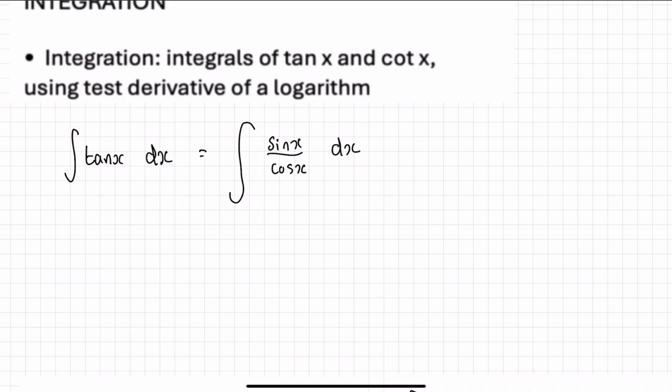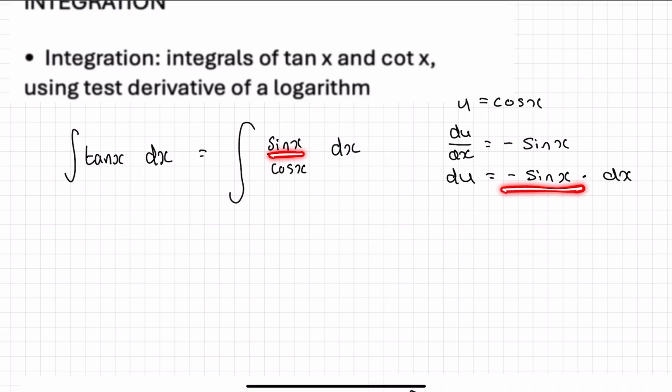So now I'm going to let u equal cos x. du over dx equals negative sine of x, so du equals negative sine of x times dx. Lovely. Okay, we're very close.